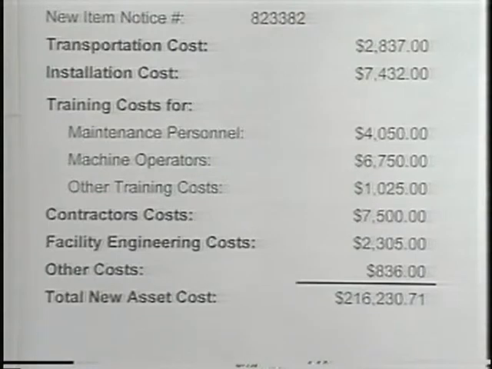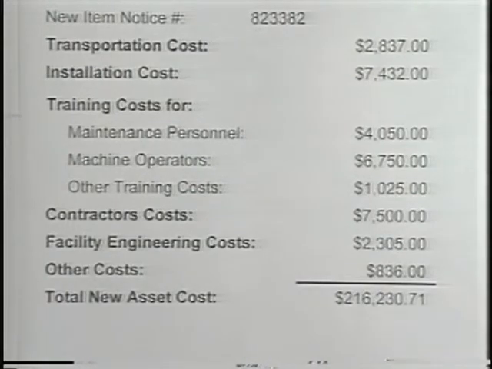The key point that I'm trying to develop with this exhibit is that we can identify the asset, the purchase order number, the new item notice number, and all of the associated costs by some very specific description, and then we can summarize the total new asset cost at the bottom of the report of $216,230.71.